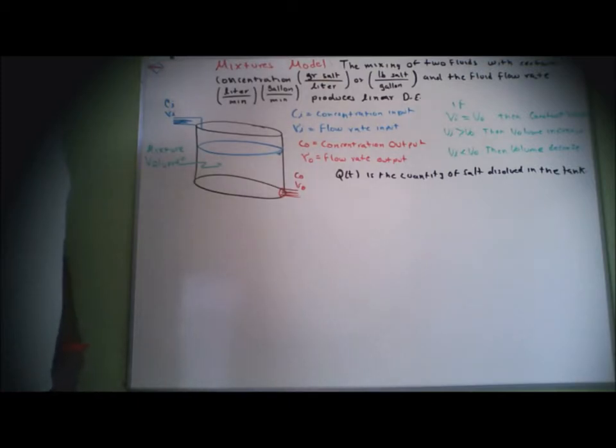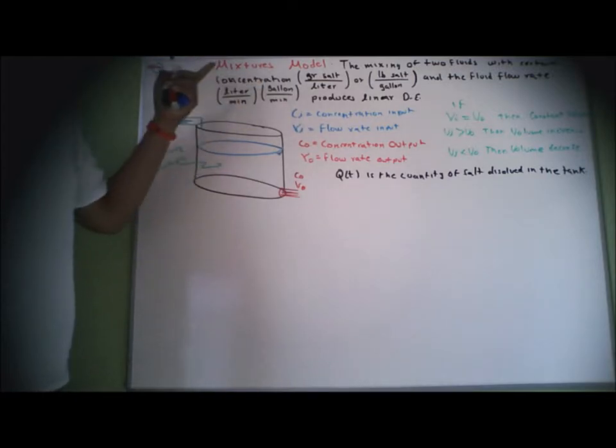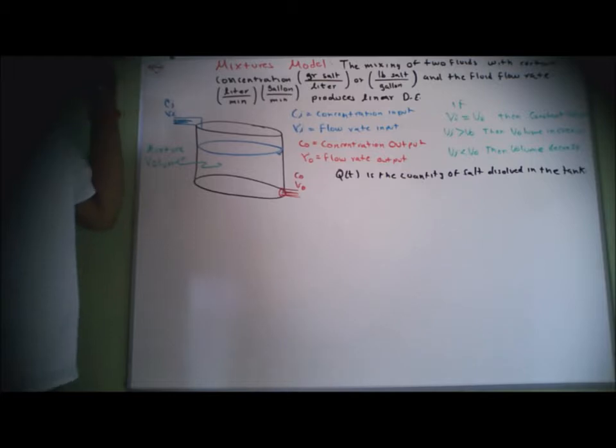How sweet or how salty the solution is, is measured in terms of concentration. Concentration is the measure of how many grams of salt or grams of sugar is dissolved per liter. So that is the definition of concentration.